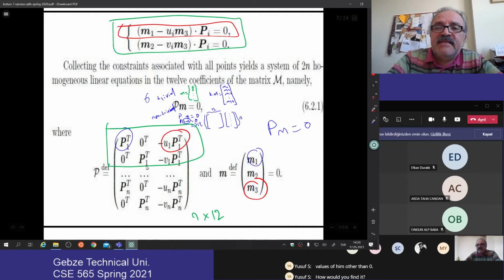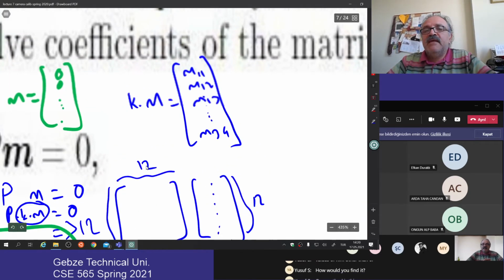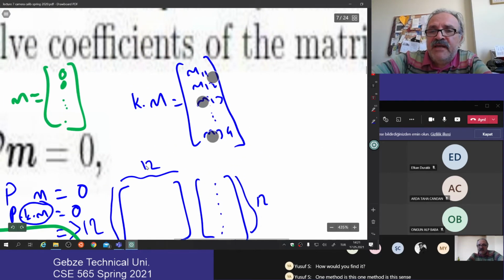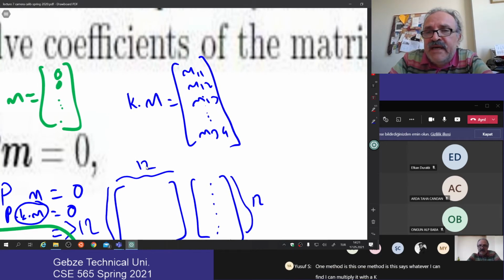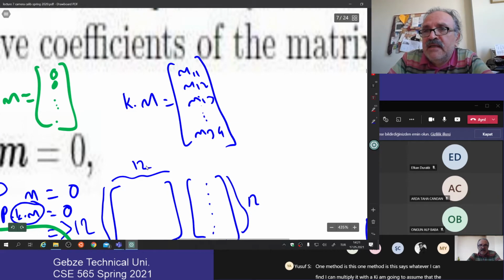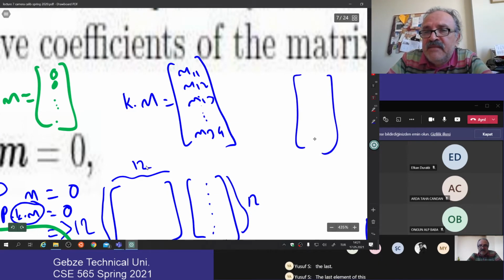One method is this. Since whatever I find, I can multiply it with a k, I am going to assume that the last element of this m is 1, and all the others, m11, m12, m13 up to m33, are unknown.